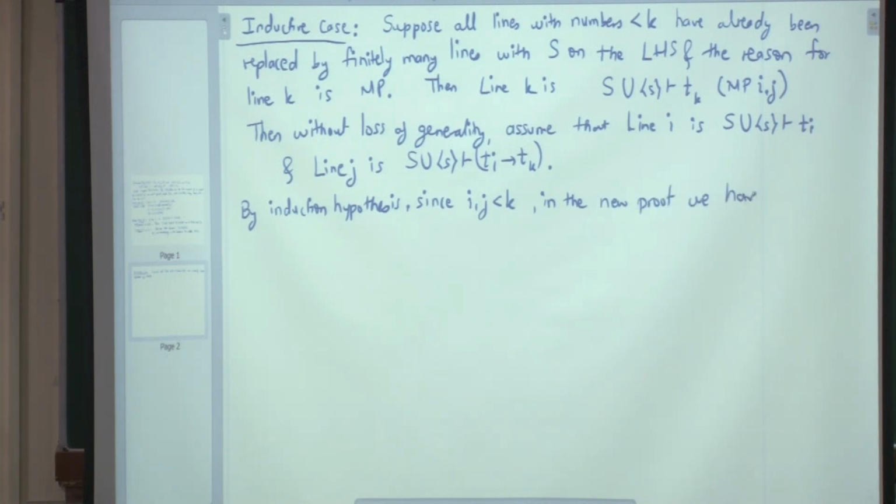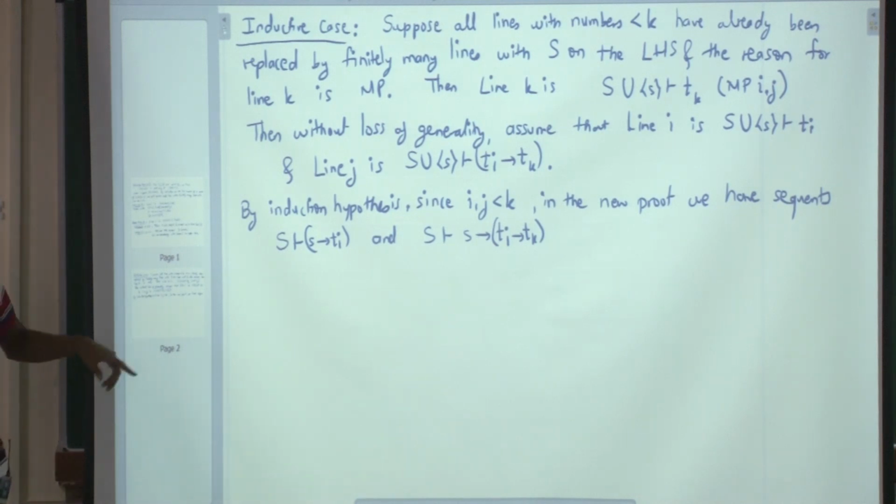Okay. So by induction hypothesis, since I and J are less than K, in the new proof we have a sequence. What sequence do we have? We have S proves S implies Ti, and S proves S implies Ti implies Tk. The proof for line I was replaced by finitely many lines, and the final one of those lines is S proves S implies Ti, and this is S proves S implies Ti implies Tk.